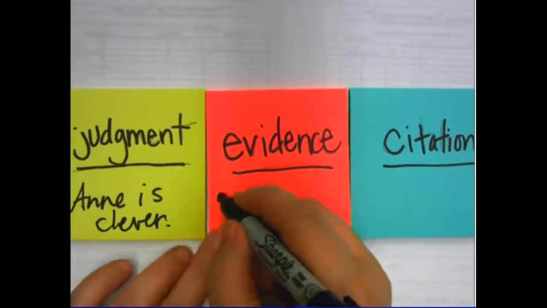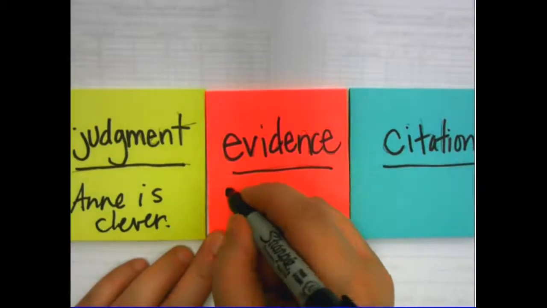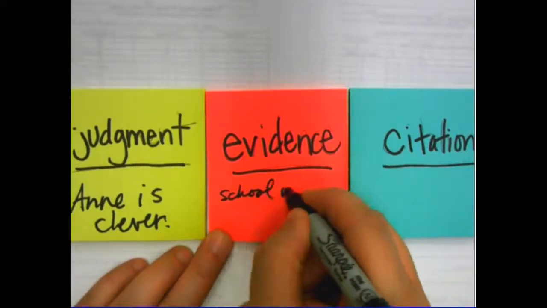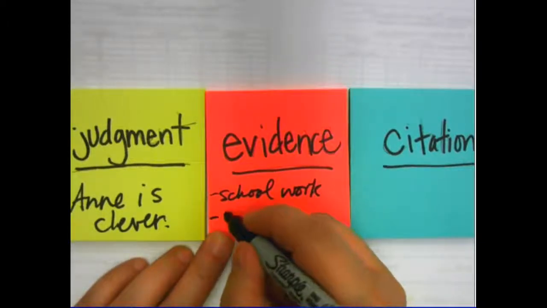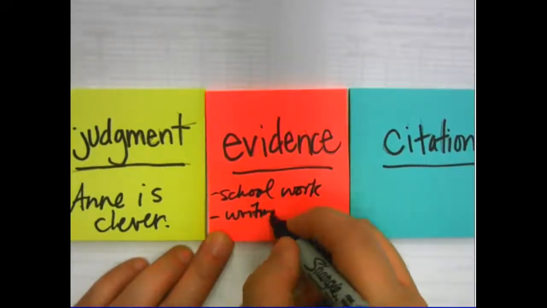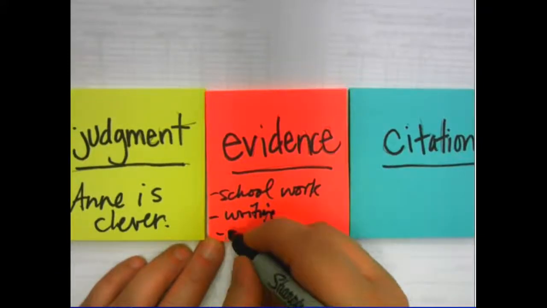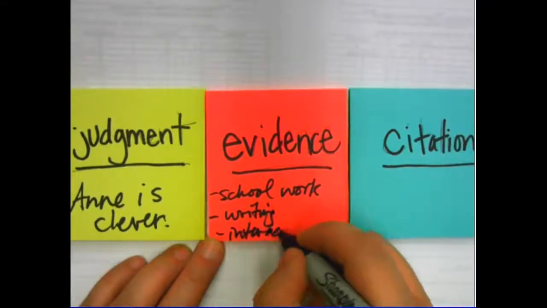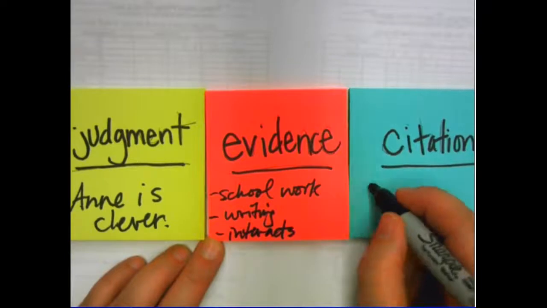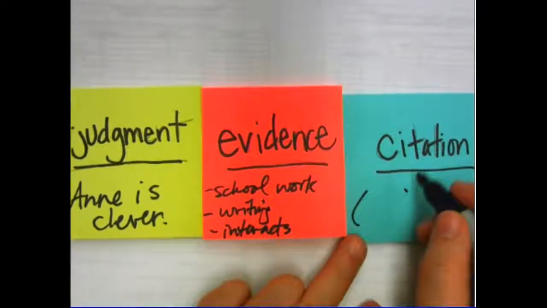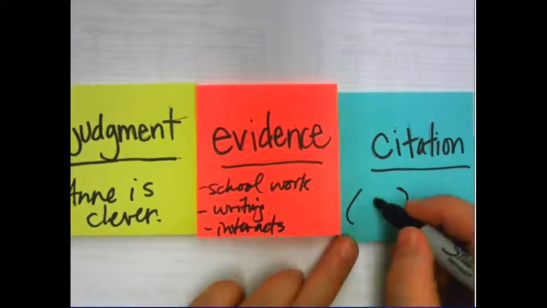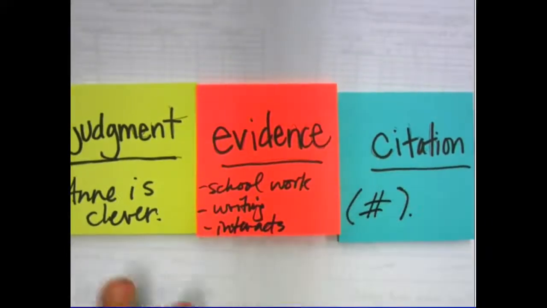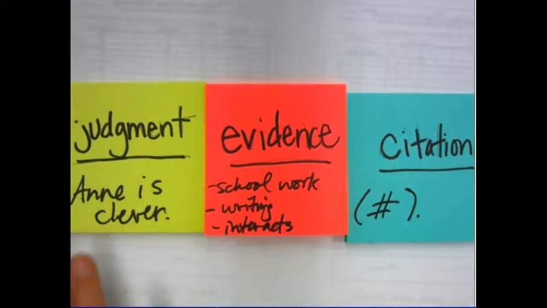Your evidence, you would find examples of maybe her school work and actually find it in the book. You would maybe talk about her writing. You maybe talk about how she interacts with her parents or with other people. And then you'd have to find some page numbers to support your evidence. Please remember that page numbers are just the number in parentheses, parenthetical references.